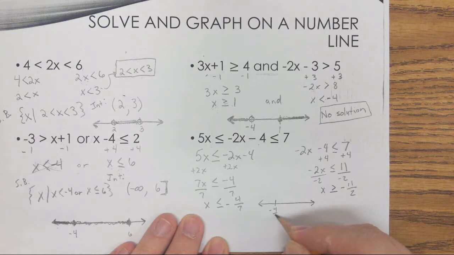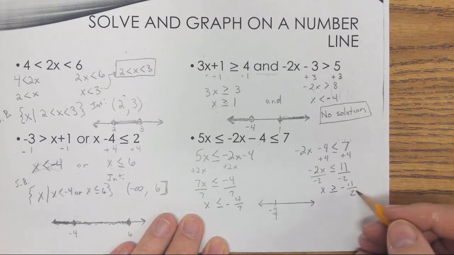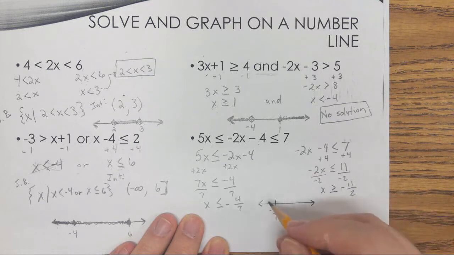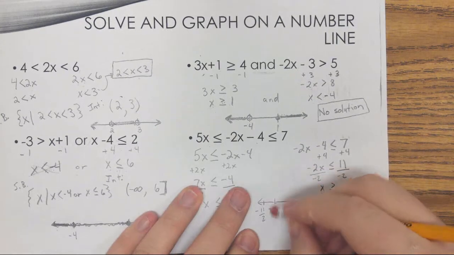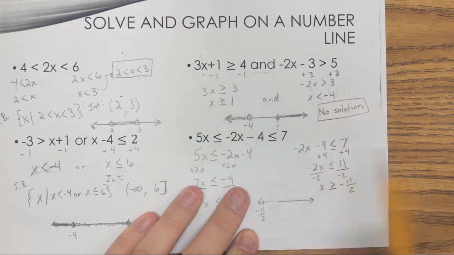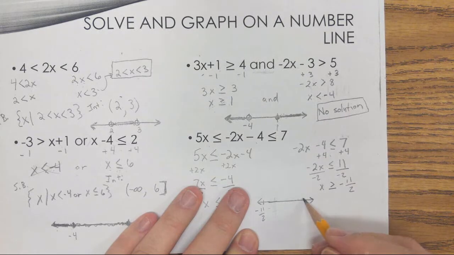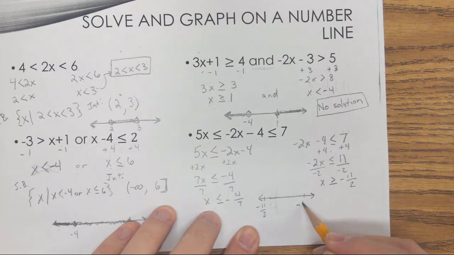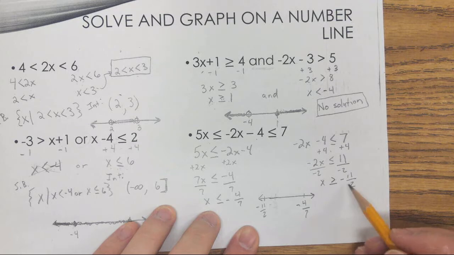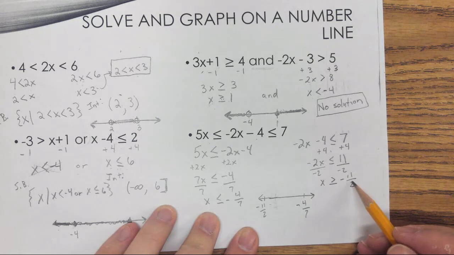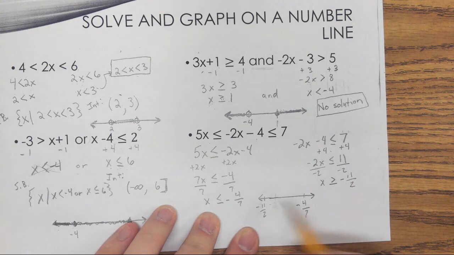Negative 4 over 7. Negative 11 over 2 is down here. So x is greater than or equal to negative 11 over 2.